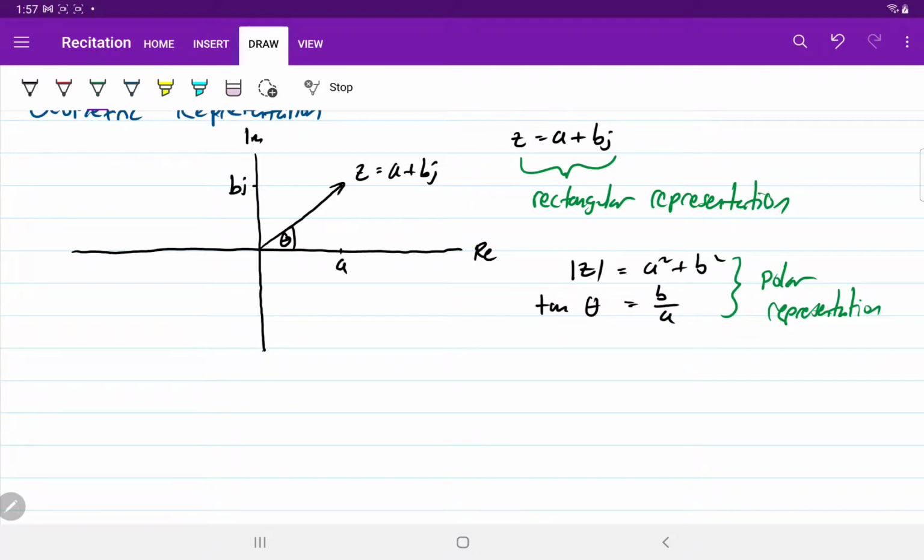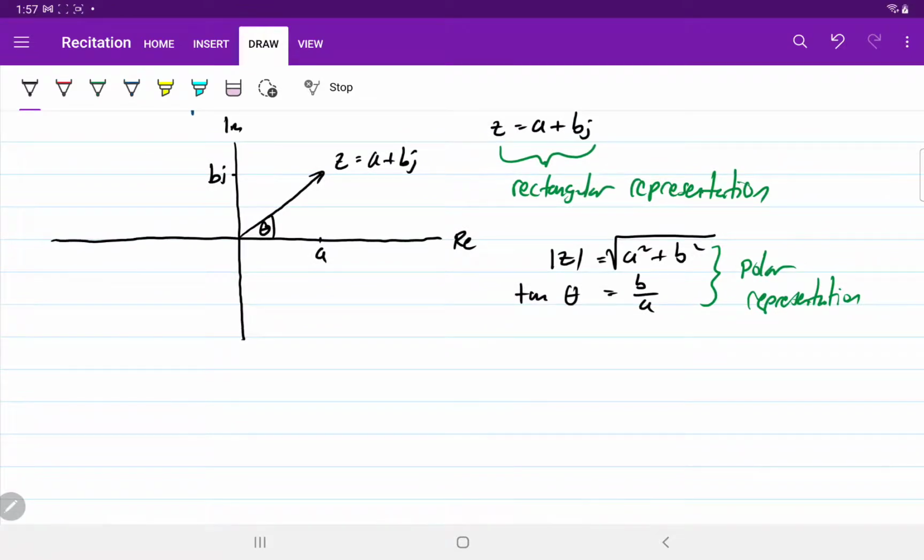Sorry, this will be a square root, right?